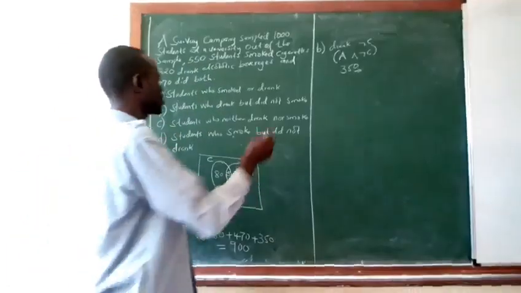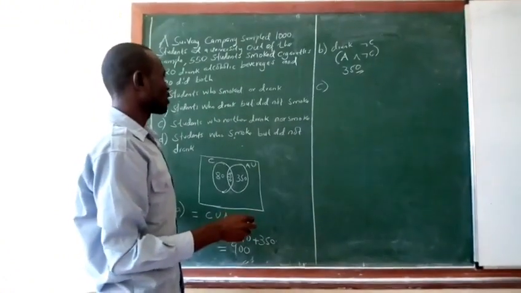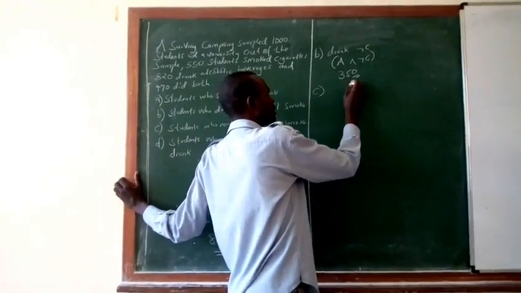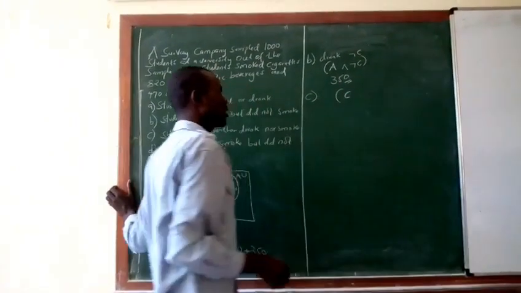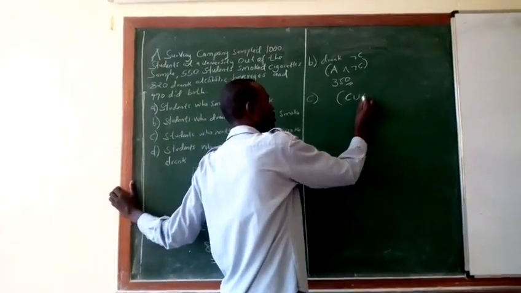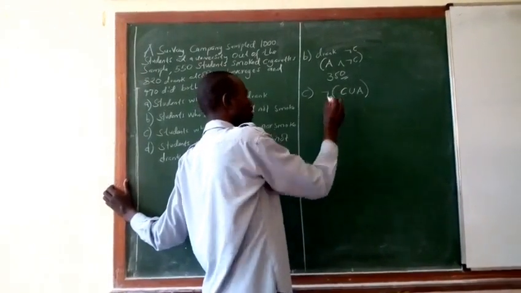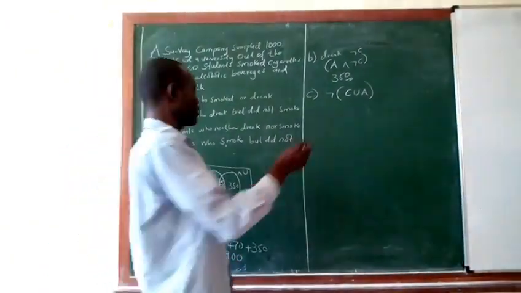Then third, we are talking about C. Students who neither drank nor smoked. So we have students who smoke cigarettes, their union with those who drank alcohol, but they neither do the two activities.